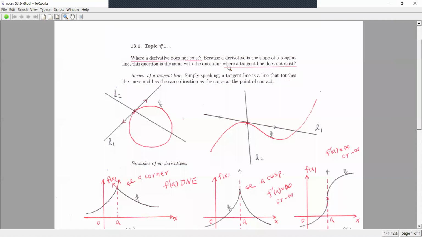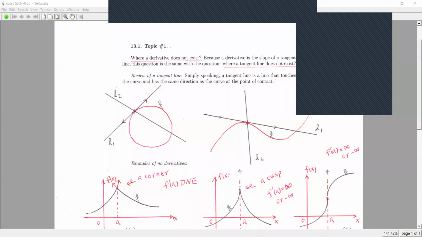To answer it, take a review about what a tangent line is. Simply speaking, a tangent line to a curve is a line that touches the curve and has the same direction as the curve at the point of contact.